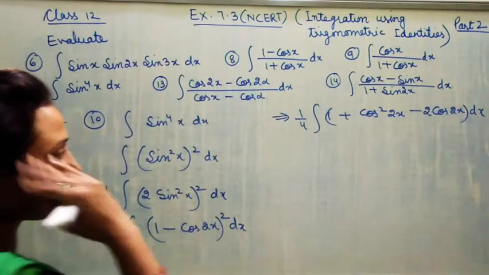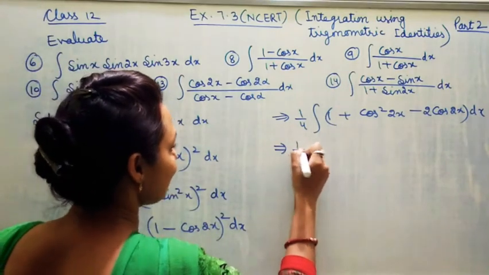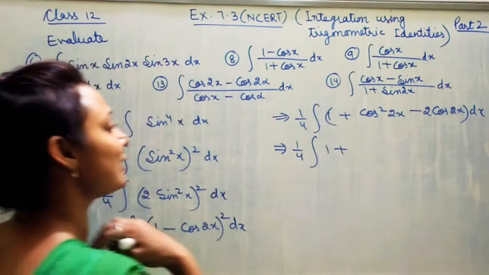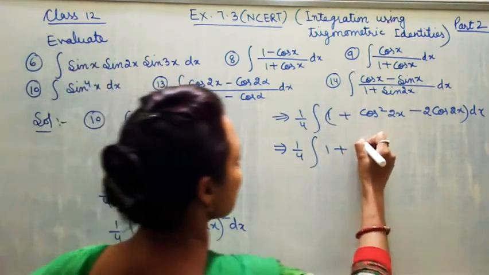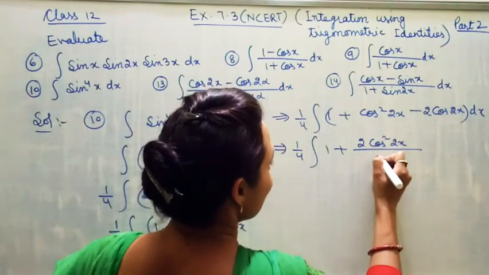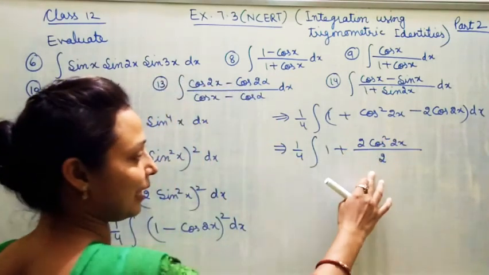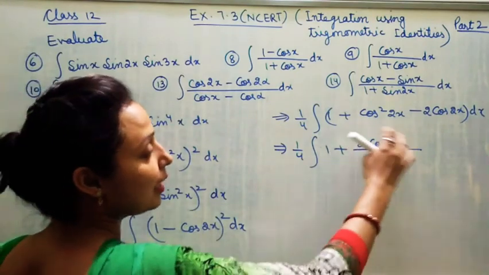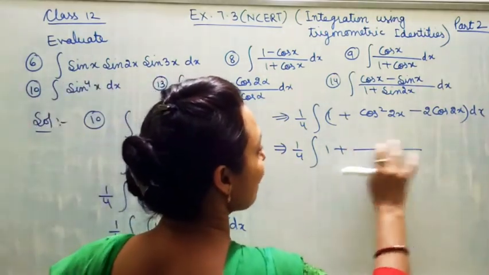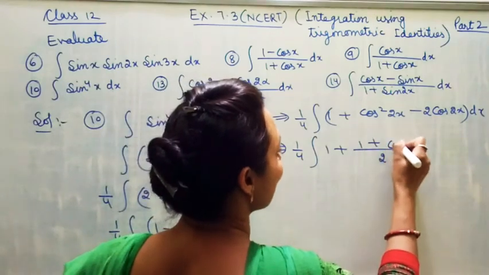Okay, so I will write it as 1 plus, divide by 2 and multiply by 2 for taking this 2 cos square 2x upon 2, because 2 is multiplied and divided for making the trigonometric identity. So I will change this into the form of 1 plus cos 4x.